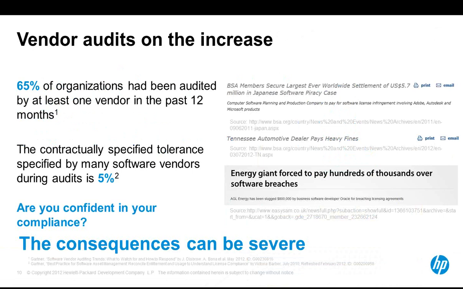That means it's not only financial damage. We can see that there is a lot of damage on the reputation of the organization. In most cases, vendors allow only 5% tolerance of incompliance. Therefore, it's very important that every organization is confident and can answer the question about its own license compliance.